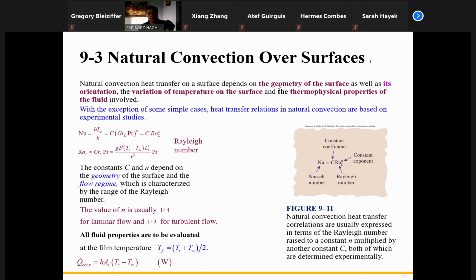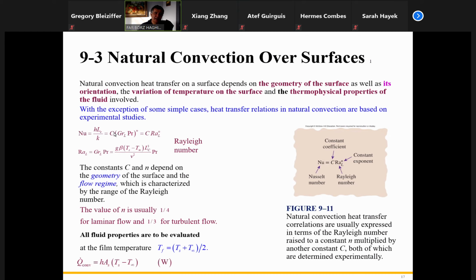If it's a plane plate, if it's cylindrical, or if it's spherical, as well as its orientation, if it's vertical or if it's horizontal, and temperature variation on the surface, okay? Therefore, this is cooling or heating, and the thermophysical property of the fluid, okay? Therefore, these are the dominating factors, and all of them have been summarized in this expression.